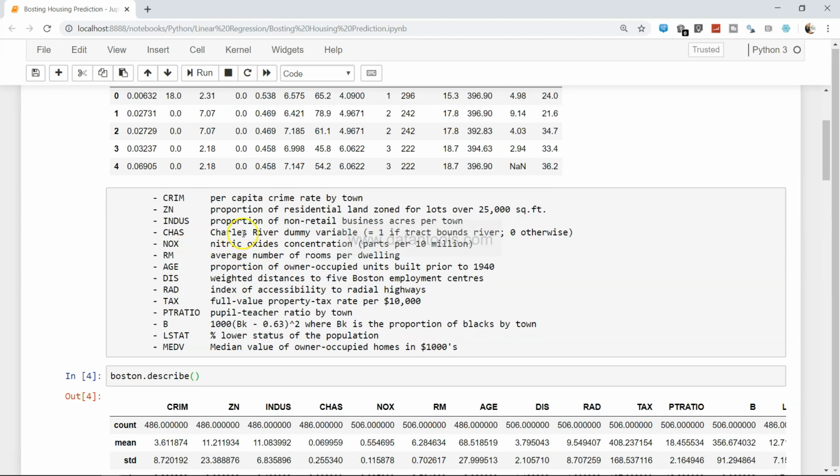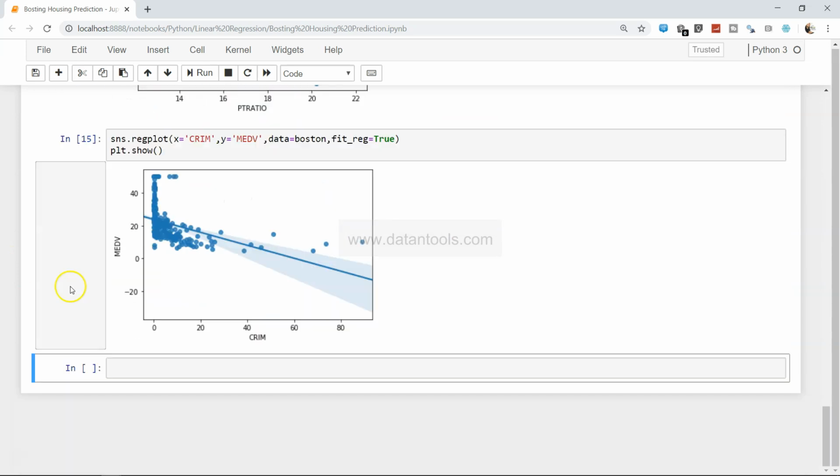For example, proportion of non-retail business acres, or the Charles River dummy variable, which is 1 and 0, so it will not give us the output we are expecting, but the proportion of owner-occupied units built prior to 1940, or the index of accessibility to radial highways. All of these will give you information about the relationship. Very important variables, but we have looked at a couple here.